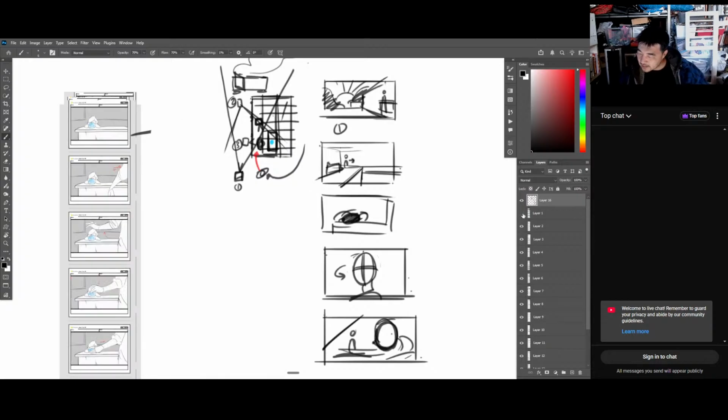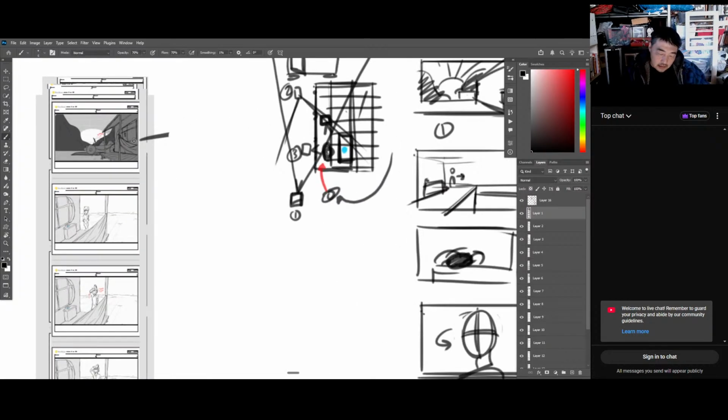Why not just pull out a little bit more and add in that blue rock thing right there? You also have a lot of dead space right here, so maybe just readjusting it a little bit more like this.